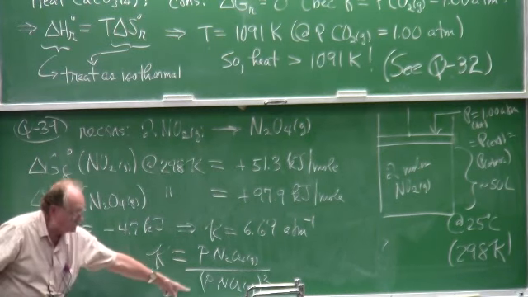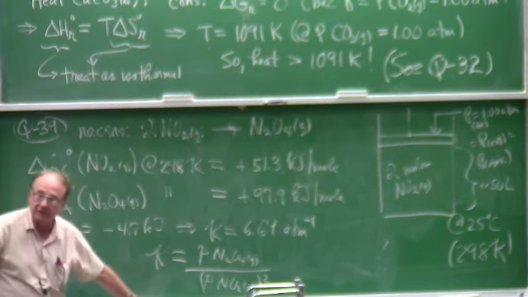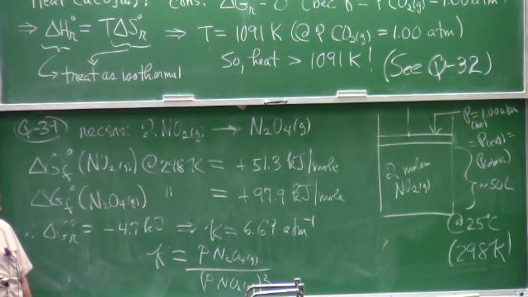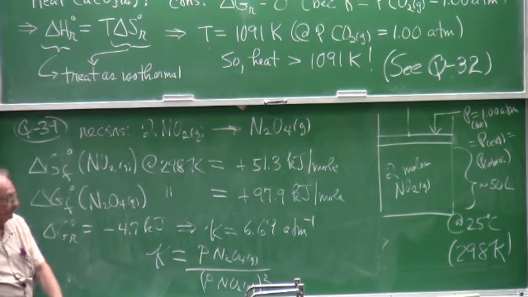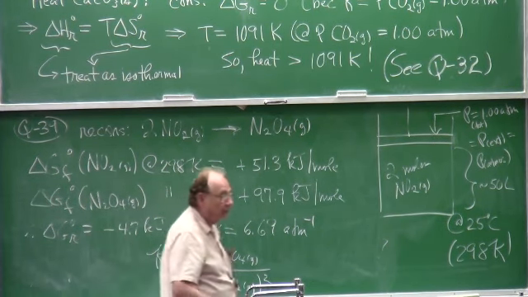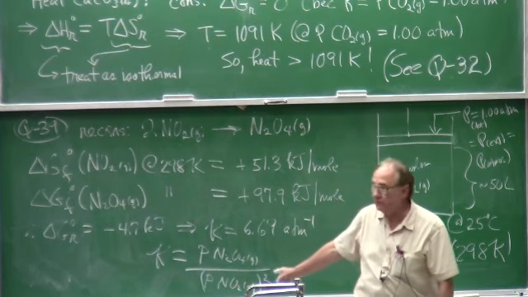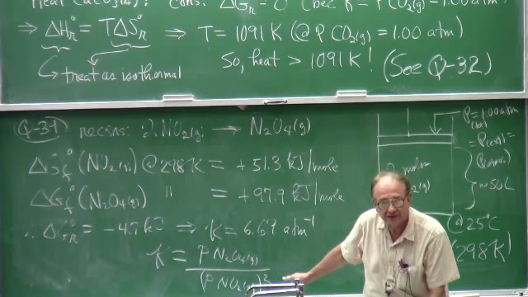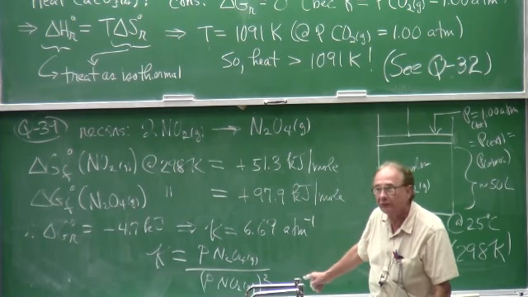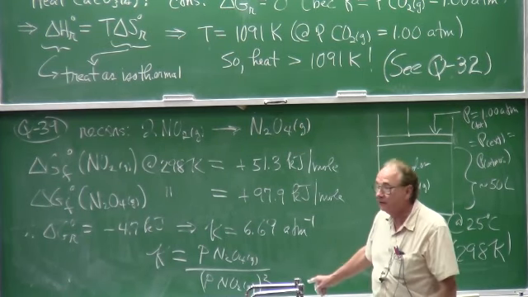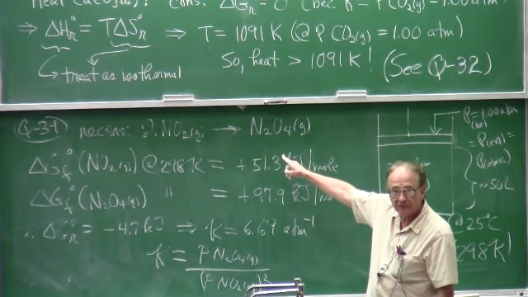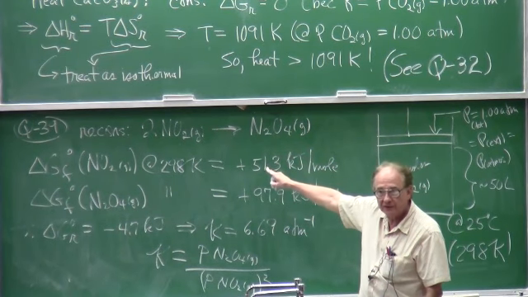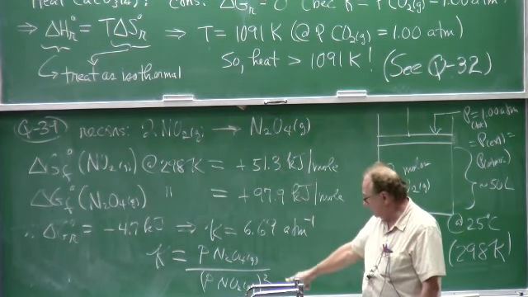So we wind up with atmospheres over atmosphere squared. That's why we get the unit of atmospheres to the -1. Again, we're reminding ourselves. If you calculate a K from thermodynamic information, you'll get no units. But if you want to do a practical analysis of the system, you may well need units. And where are you going to get the units? By looking at the equation for the reaction. Here's the equation for the reaction that always bears the units. We okay on this part?